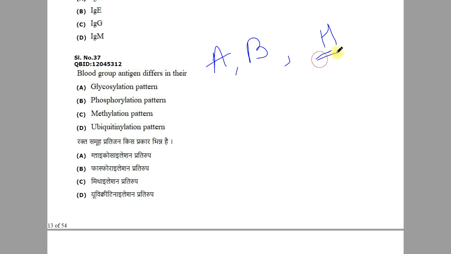The H antigen is present on the surface of all RBCs, while some RBCs have either the A antigen or the B antigen, or some have both A and B, while other RBCs lack both A and B. These antigens differ in their glycosylation pattern. So option A is correct.